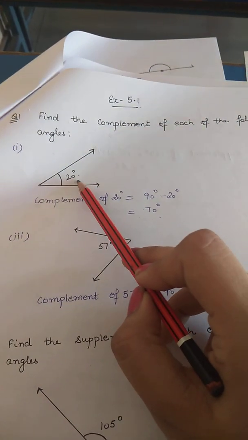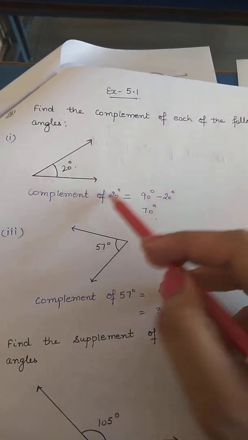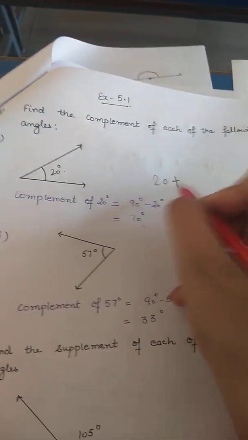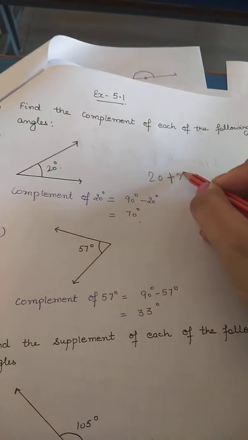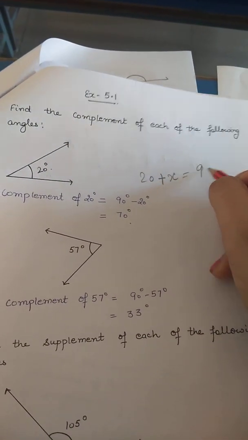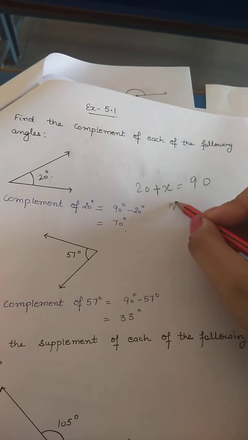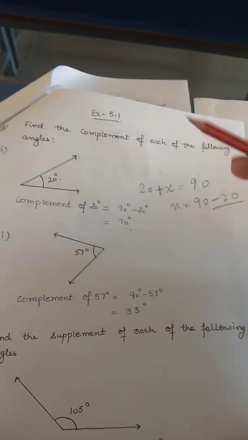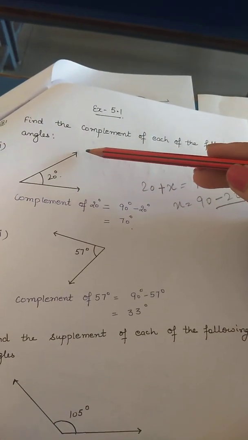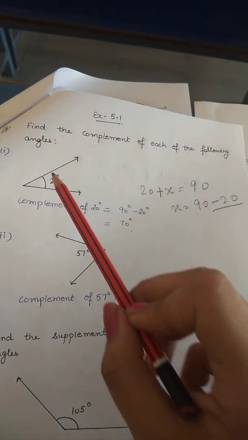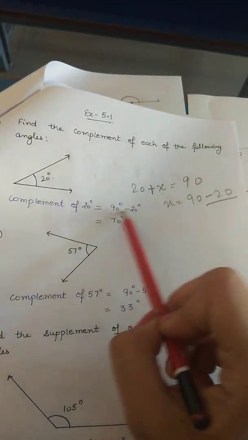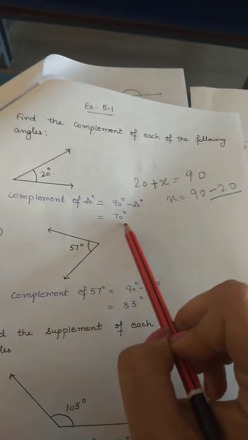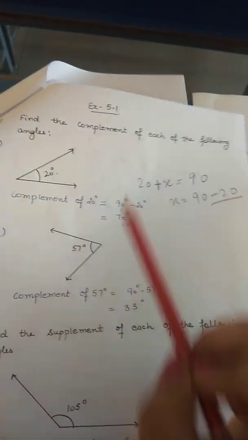Take the other angle as x. The sum of the two angles is 90 degrees, so angle x becomes 90 minus 20. You subtract 20 from 90 degrees and you get the other angle, 70. You can also check that 70 plus 20 is equal to 90 degrees.